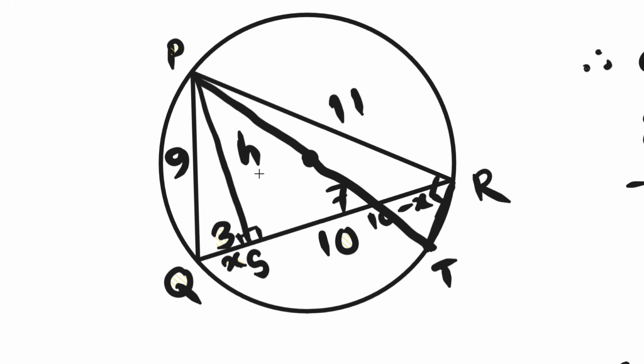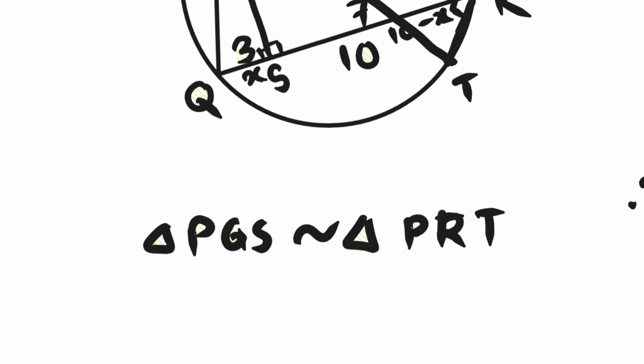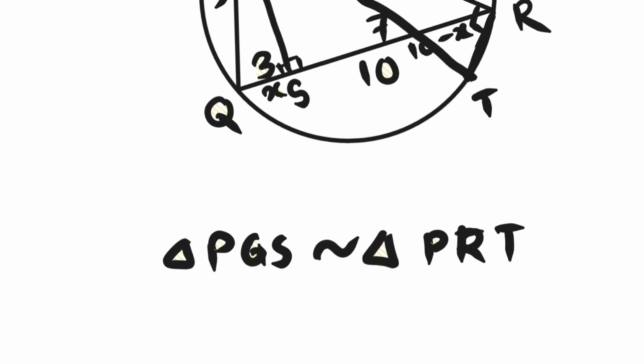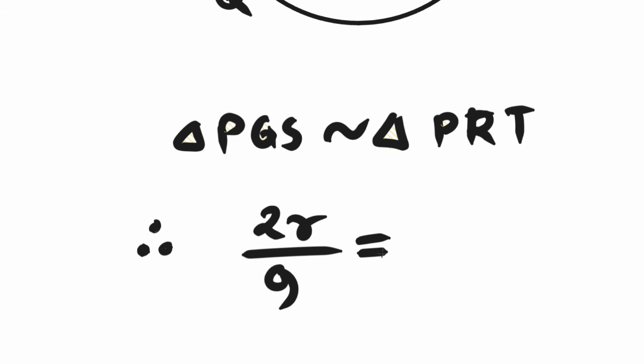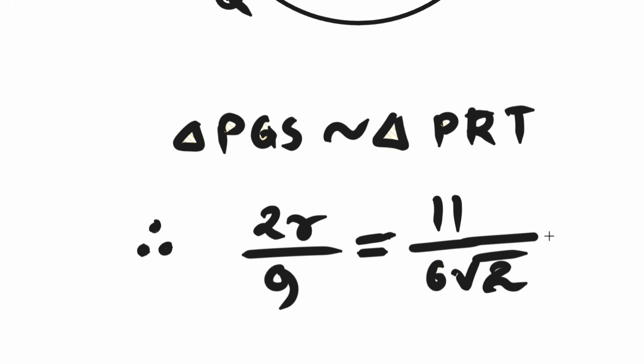We know PS is 6 square root of 2, while PR is 11. Therefore, the ratio of the hypotenuses must equal the ratio of those corresponding sides. So, we can write 2r divided by 9 equals 11 divided by 6 square root of 2.